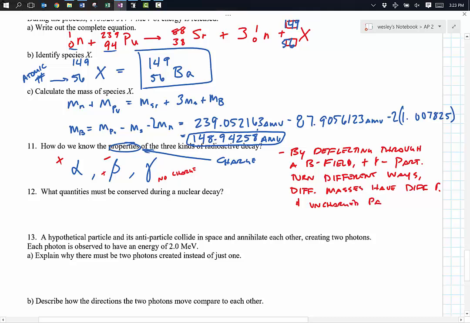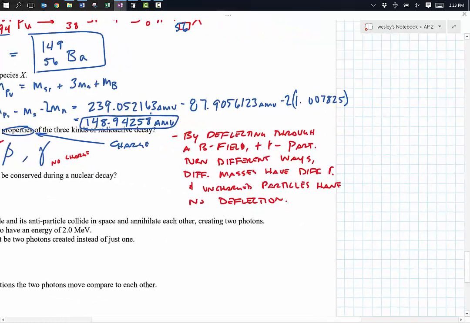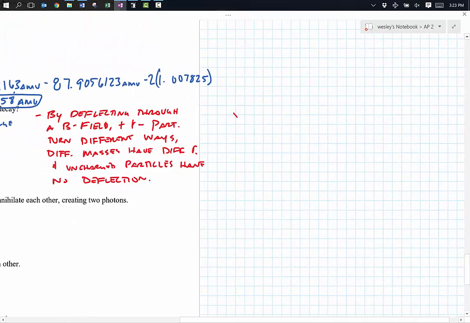And uncharged particles have no deflection. So I'm going to move over a little bit. If we have a magnetic field that's directed into the page, this is good for a little bit of review.